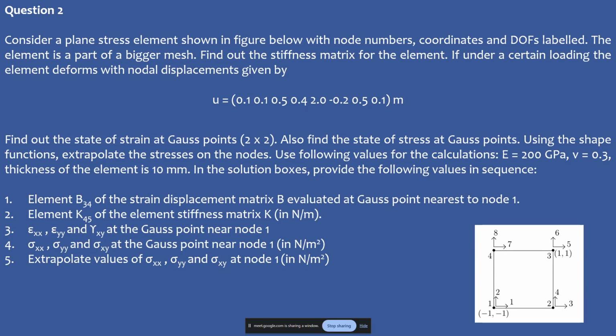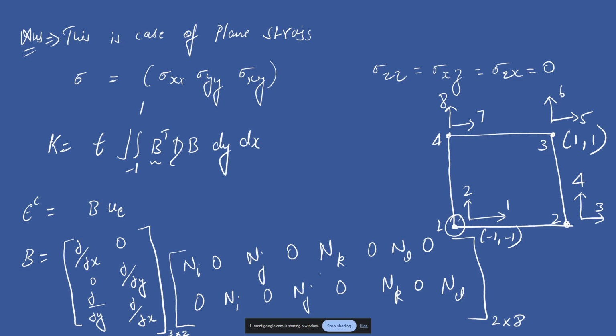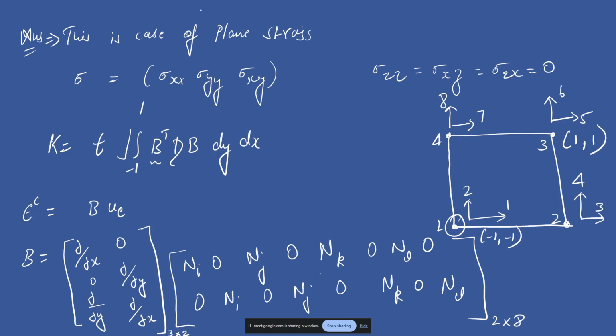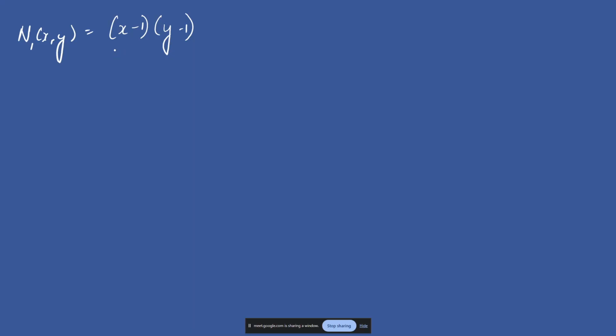So your shape function for the first node will be (x minus 1)(y minus 1) divided by (x1 minus x2)(y1 minus y2), which is 1 minus minus 1 times 1 minus minus 1.